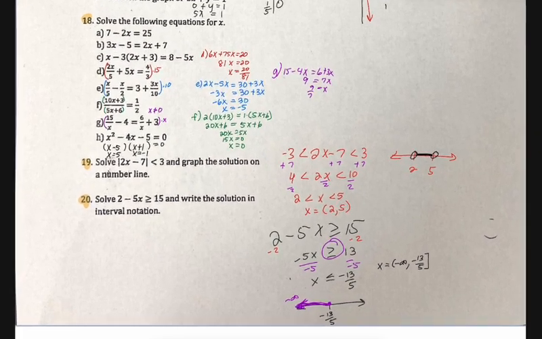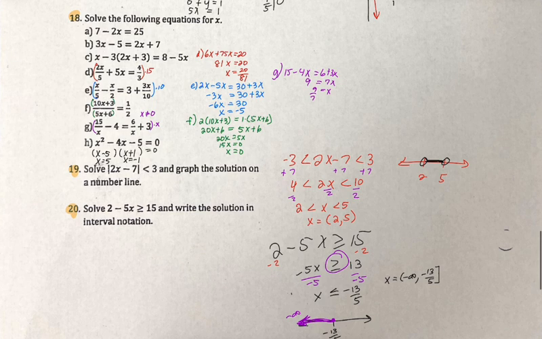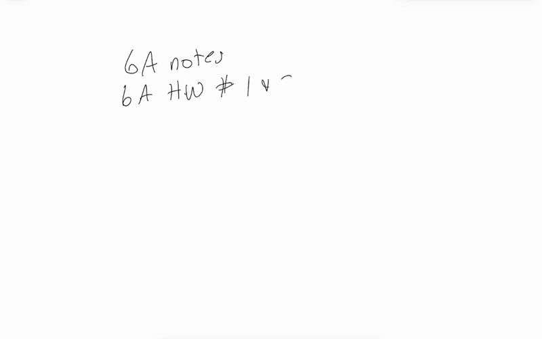So again, your job is to please finish out 18 A, B, and C, and the rest of this, please turn in 18 through 20. So at this time, please go into Google Classroom. You should have the 6A notes turned in. You should have the 6A homework number 1 and 2.